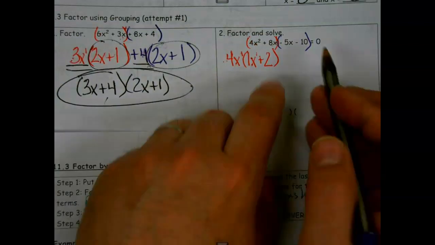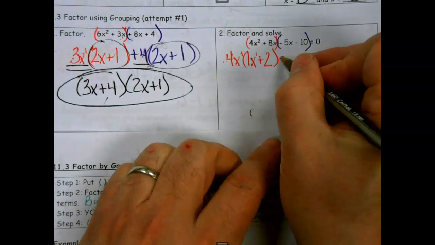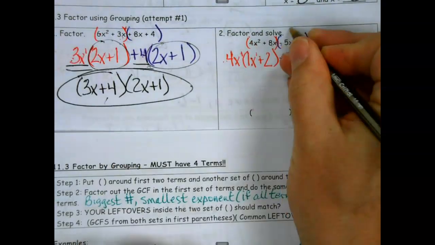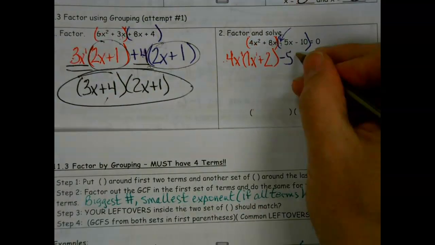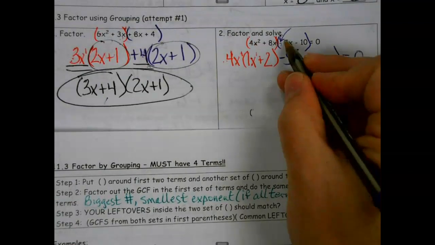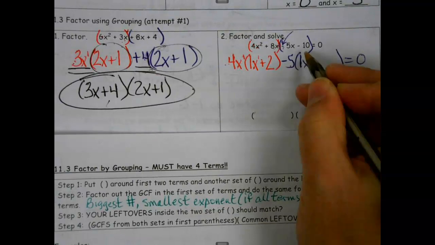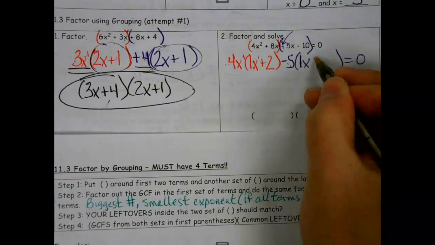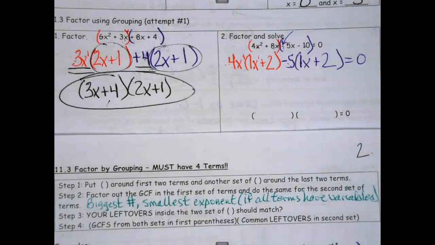What's the biggest number going to go into these? 5. Yeah. If your first term has a negative, take the negative with it. I'm telling you, it'll be worth it. Negative divided by negative is positive. Negative 10 divided by negative 5 is positive 2. That's what we're looking for, people.